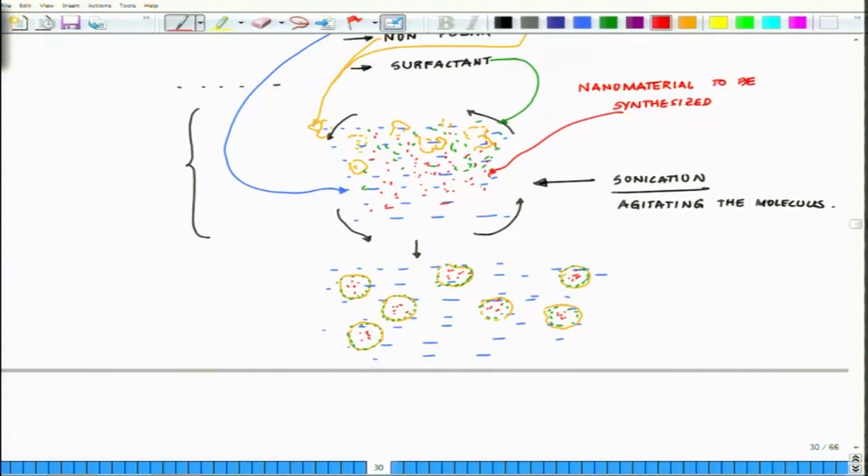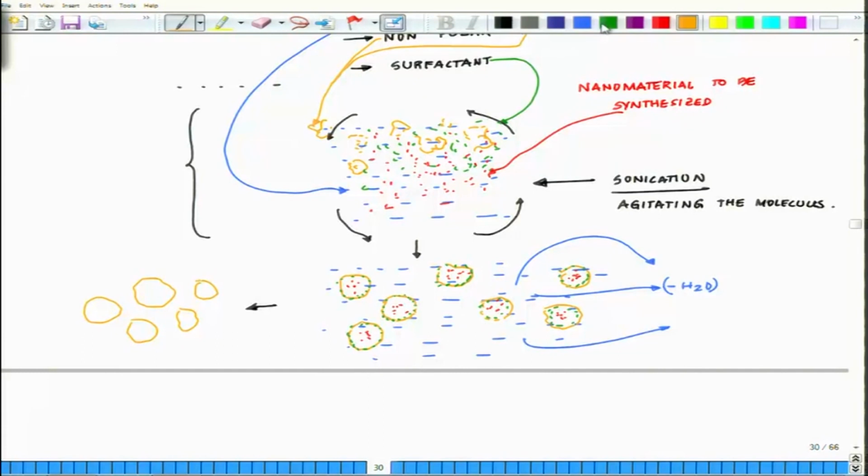nanovessel. Now at this stage, if you evaporate the water out or lyophilize or do something to get rid of the polar phase, what you are left with is this. So your water is gone, water removed. What you are left with is something like this. And you can control the size by what kind of force or what kind of temperature you are allowing this reaction to occur.